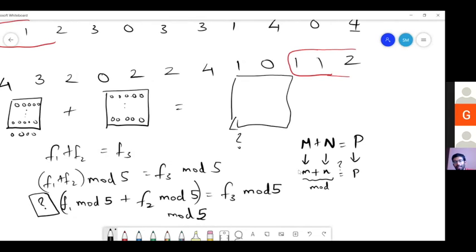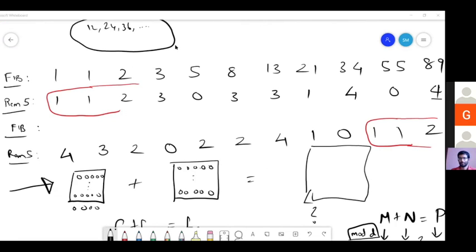So actually, the result looks obvious, but to prove it formally, it takes steps. Yes, it does.